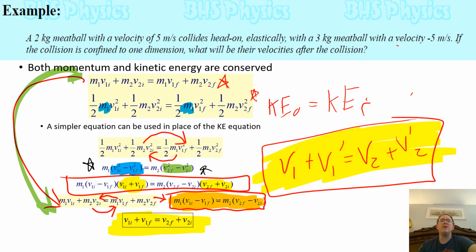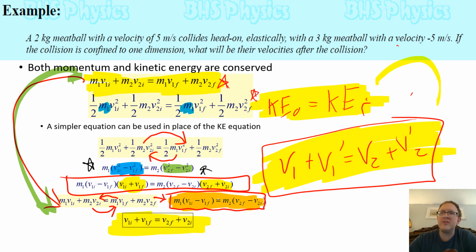There are three formulas on the board currently. There's this one you already knew, momentum initial equals momentum final. There's the new formula we haven't really used much, kinetic energy initial equals kinetic energy final. And then it's actually pretty useless. We don't use it that much because it's annoying. So instead of using that one, we use this one down here a lot.